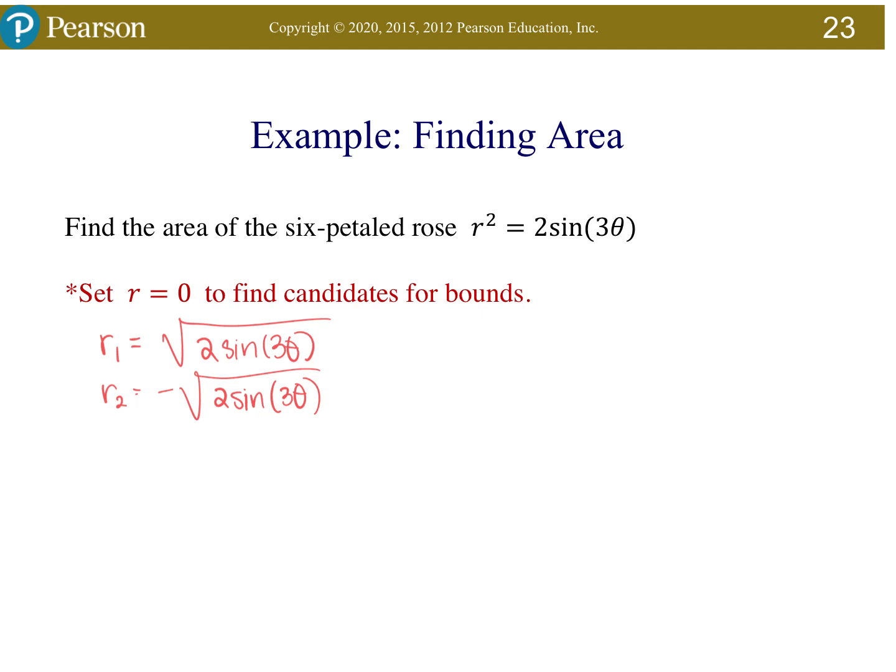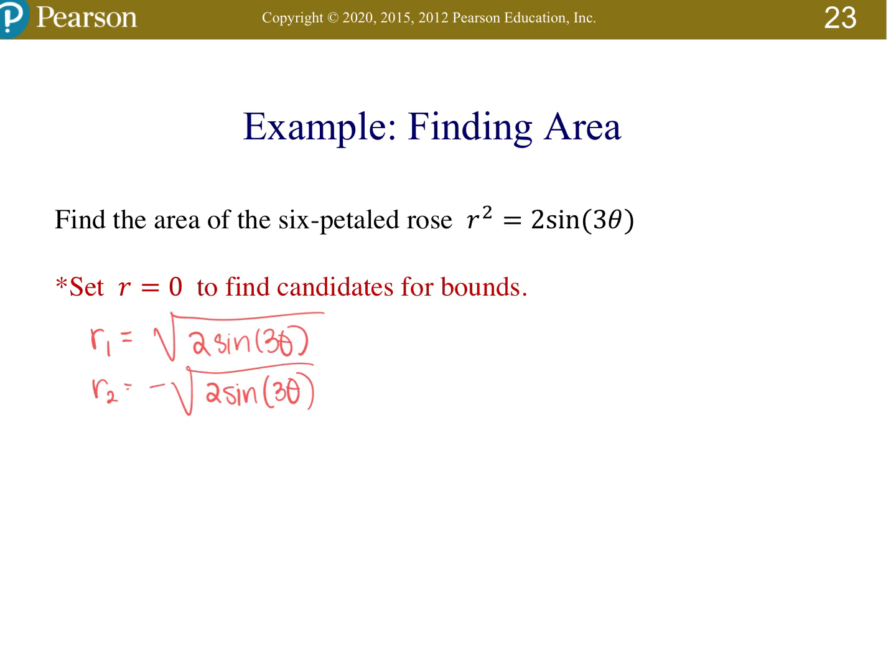All right, so if you take a look at that picture, if you go 0 to 2 pi, you'll see all the petals. And if you limit your bounds, you'll see only some of the petals. All right, so I'm going to do mine: 2 sine 3 theta and negative 2. I like to start with 0 to 2 pi.